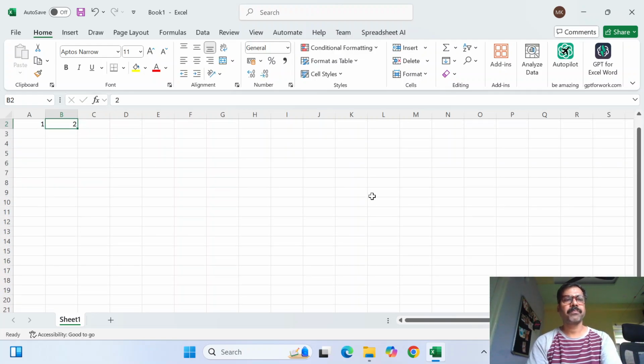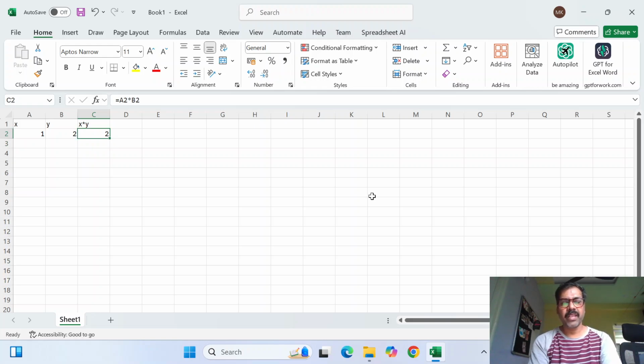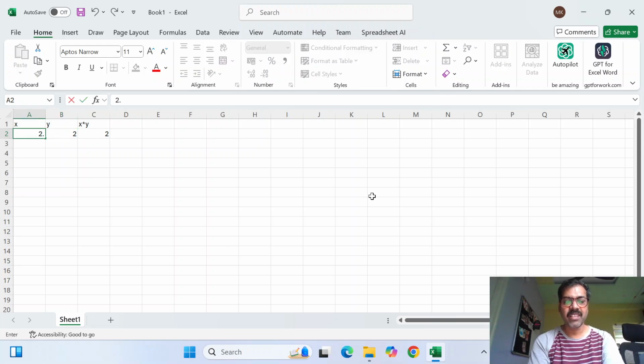It is a very simple calculation, so I can just use the cell references here to multiply these values.